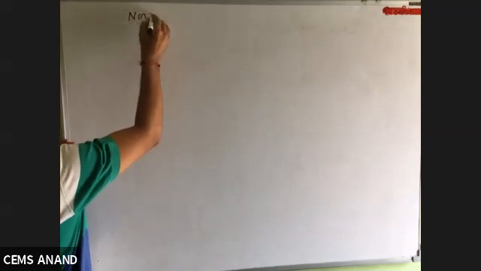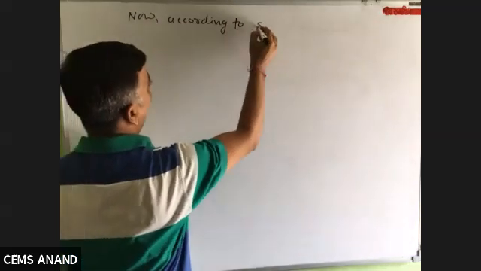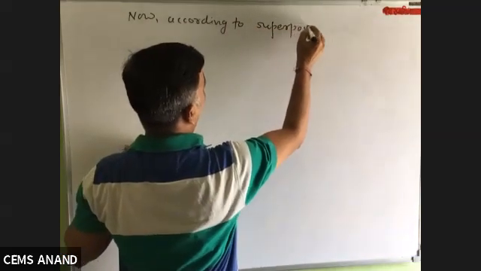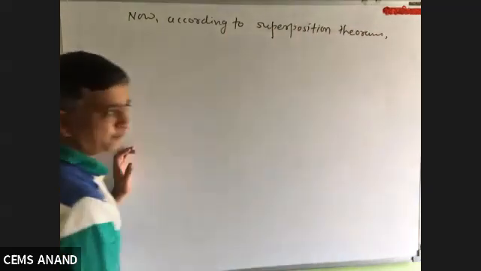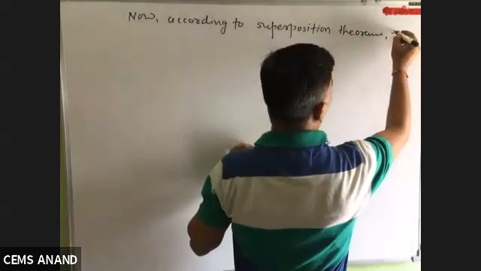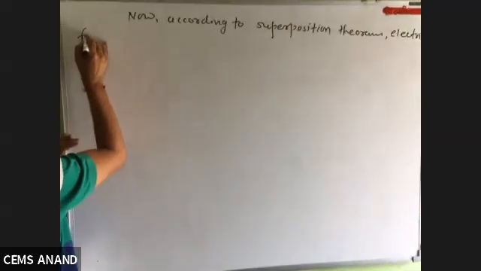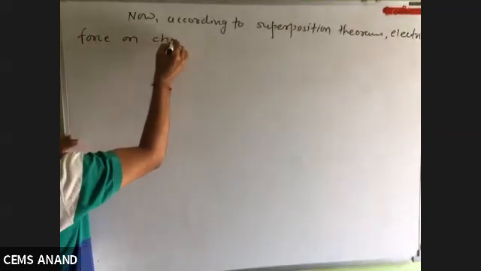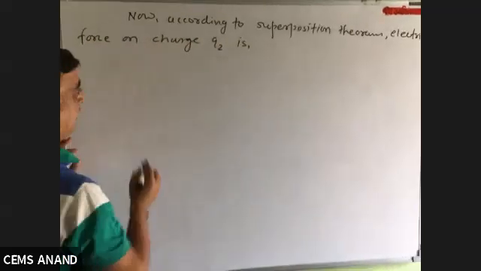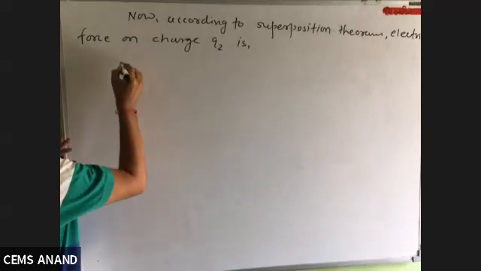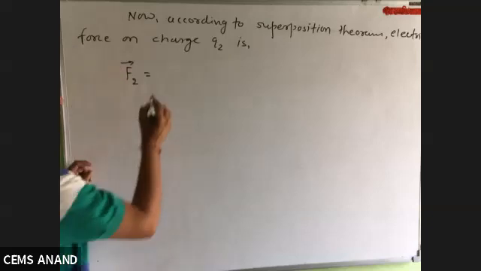Now, according to the superposition theorem, the electric force on charge Q1 is F1. Here I am representing the force in vector form.